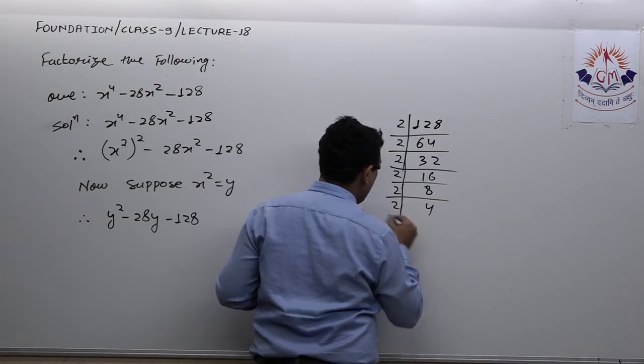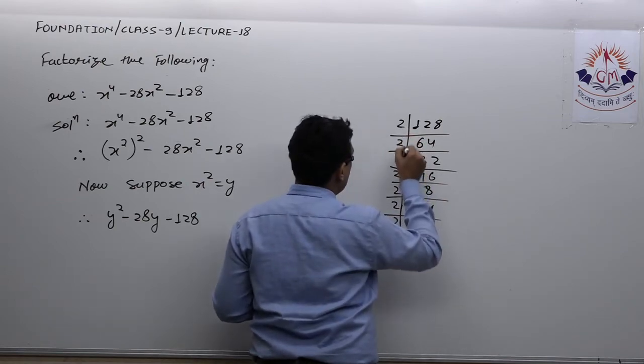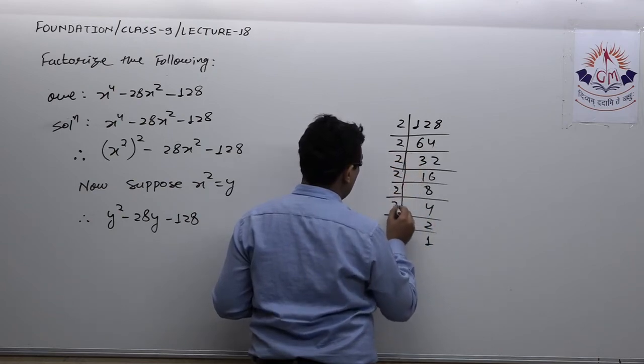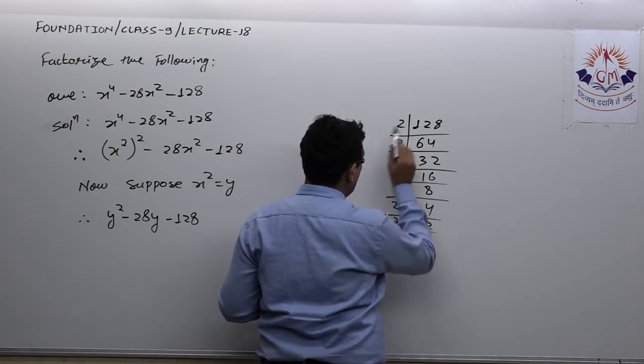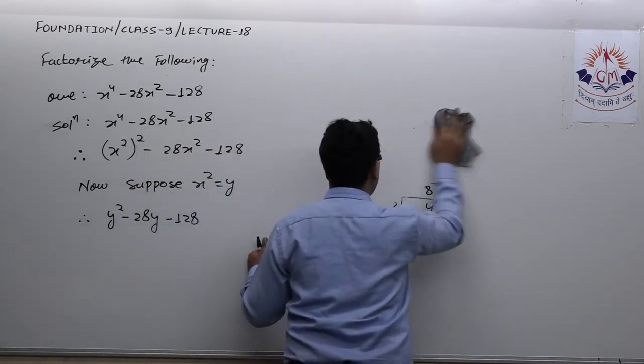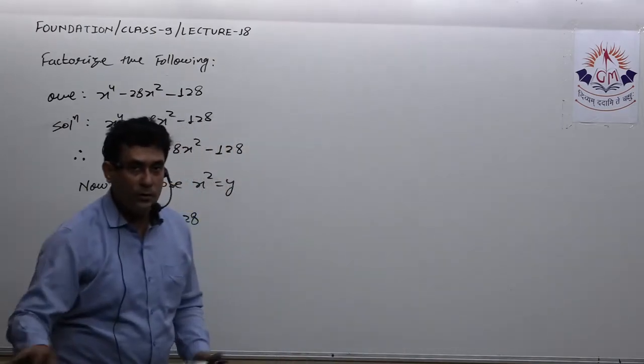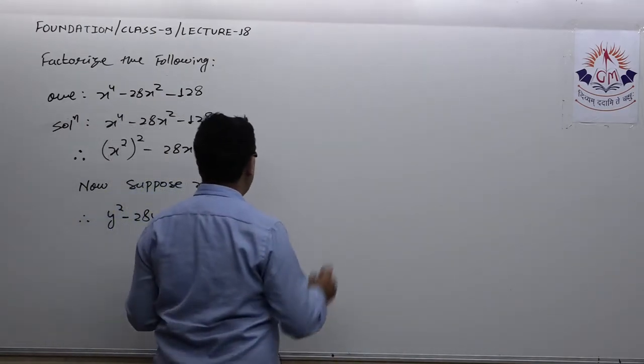This is the traditional way to find the factors. Yes, so 7 twos are there. Now we have to arrange these in such a way that their sum or the difference must be 28.